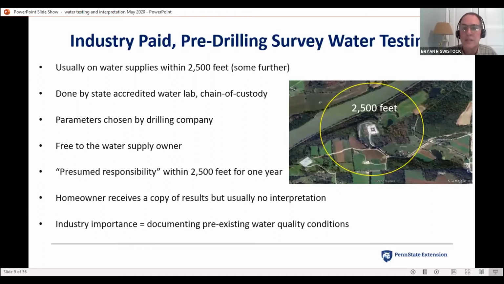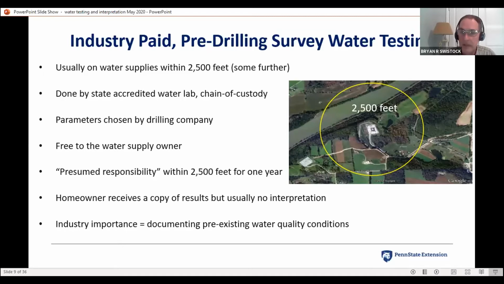When we look at industry-sponsored pre-drill surveys, which most states have some sort of regulatory condition where this is done, in Pennsylvania, this is done mainly within 2,500 feet of a shale gas operation, although some companies voluntarily extend that distance 3, 4, 5,000 feet out from the operation to do this testing.